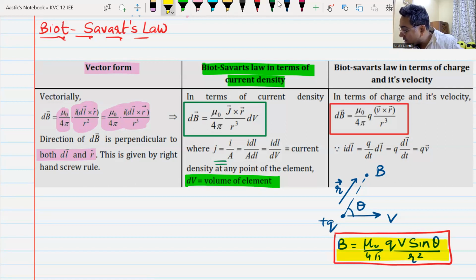This is the scalar formula, so it only gives you the magnitude. How do I get the direction? To get the direction, what do we do?